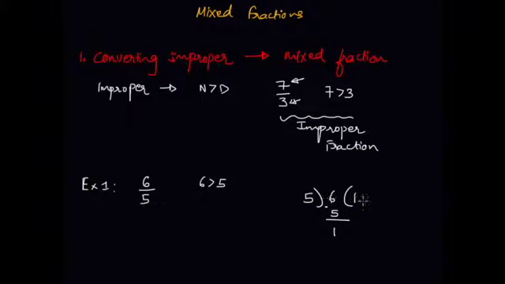So in this case, let me choose a different color, let's say red. 1 is the quotient and this one here is the remainder. So a mixed fraction we can write as, retain the same denominator, which is 5.